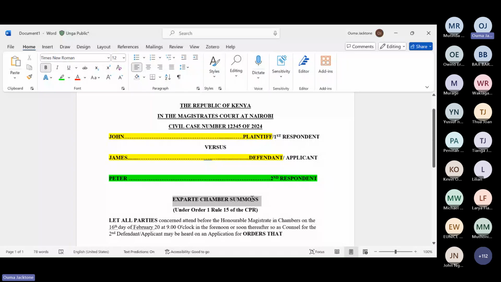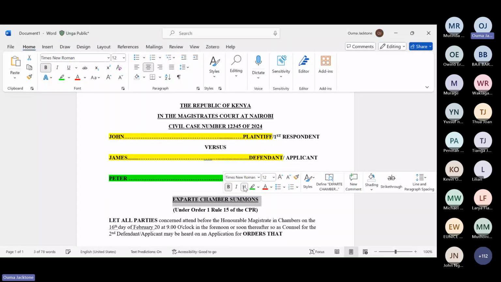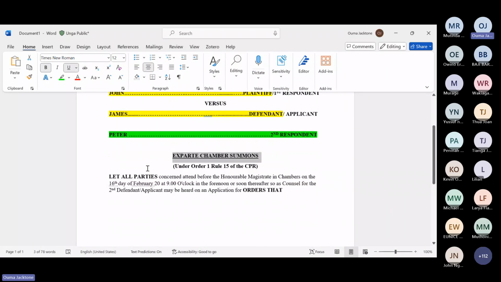So you've made your application, you have your parties there, John being the plaintiff, but also the first respondent, James being the applicant because he's the defendant, and then Peter, who is our proposed third party. We will not have him as a third party here yet because we have not been given the order.